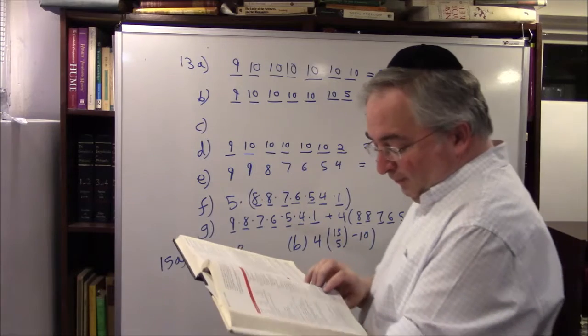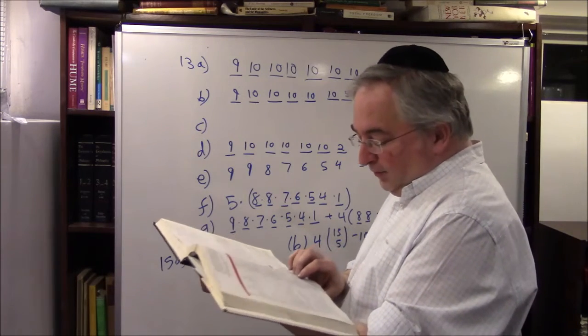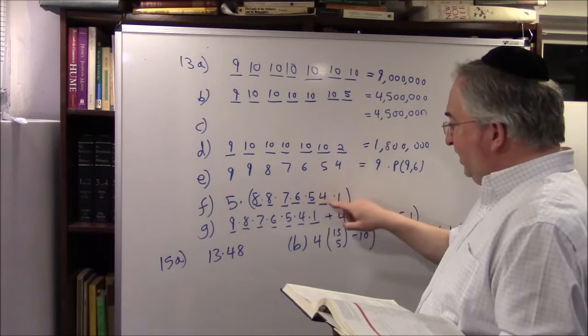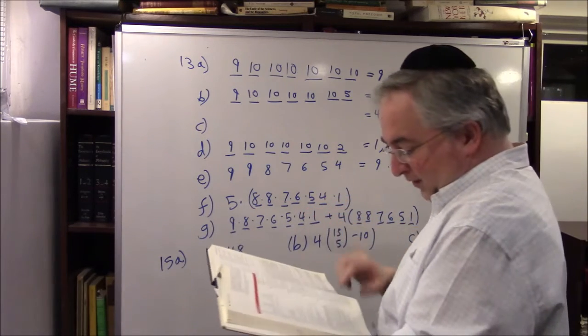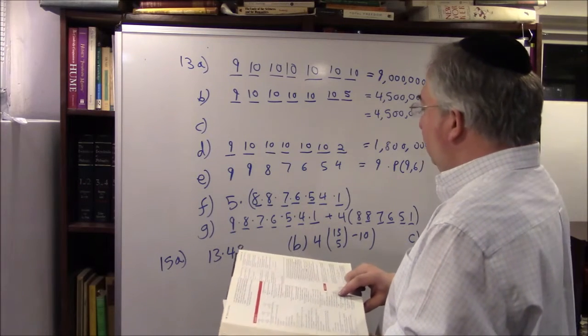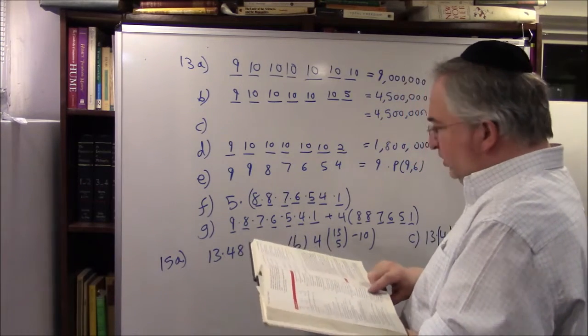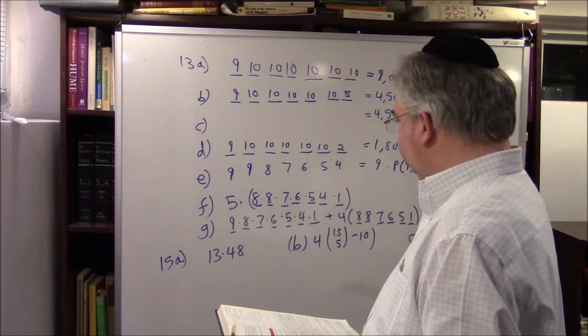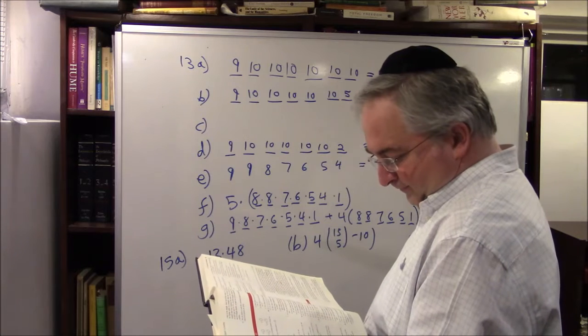Great. F. How many odd members of S have no 2 digits the same? So it's the same thing as before. How many odd numbers of S, so that we did that, have no 2 digits the same?